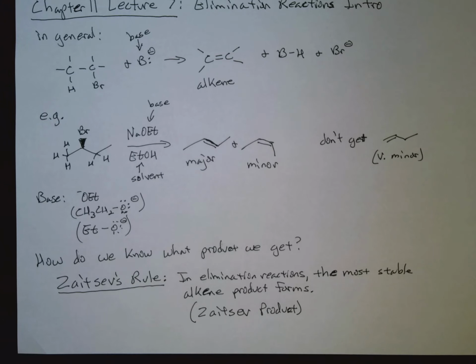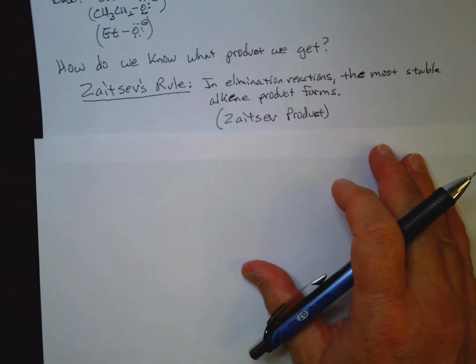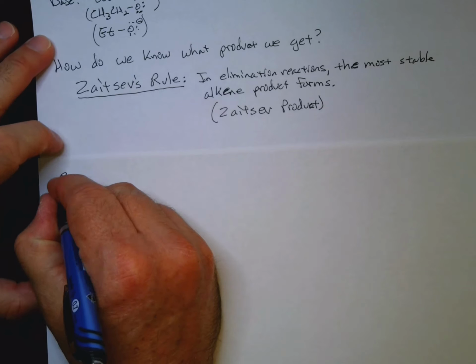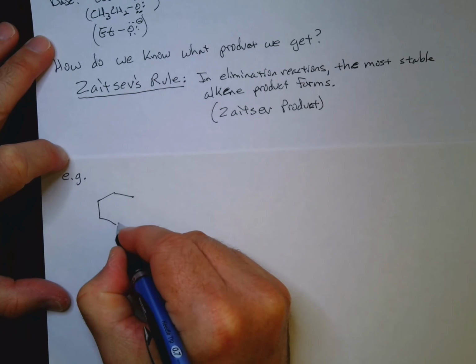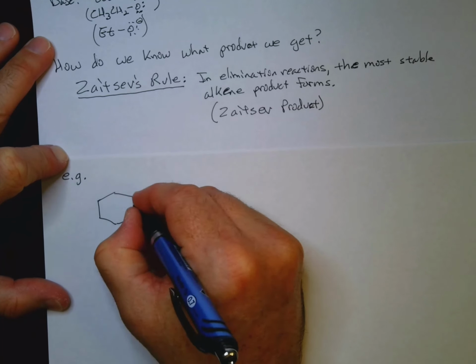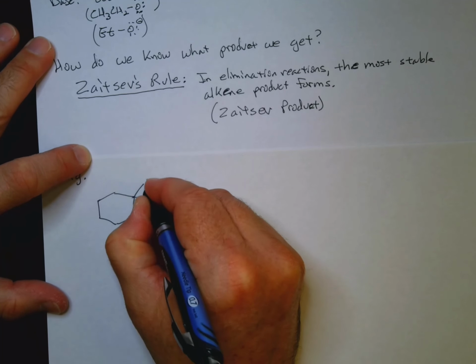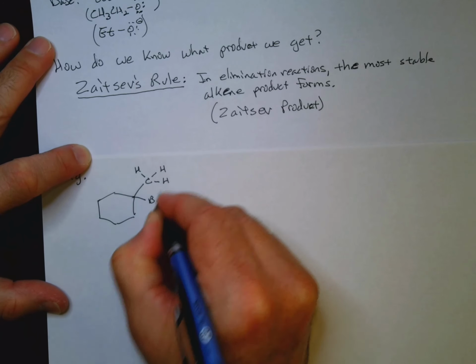Okay, so let's just look at another example here. Let's say we had the following: a methyl group there, bromine, then CH3.